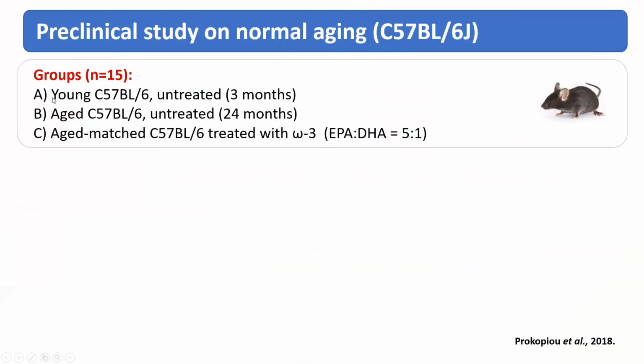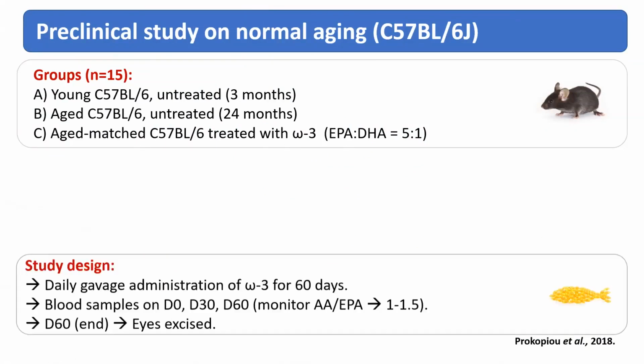One is young black 6, untreated. Another is aged black 6 that were untreated, so they were 24 months. And the third group included aged mice, 24 months of age, treated with omega-3, mainly with EPA in this type of formulation and some DHA.